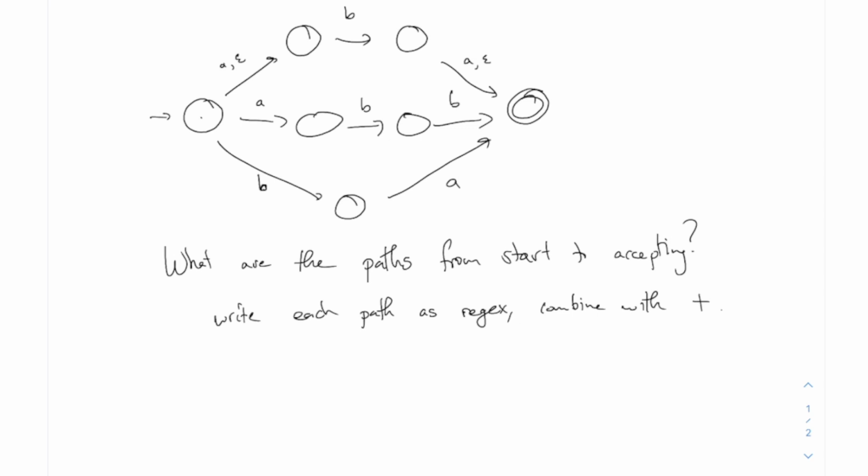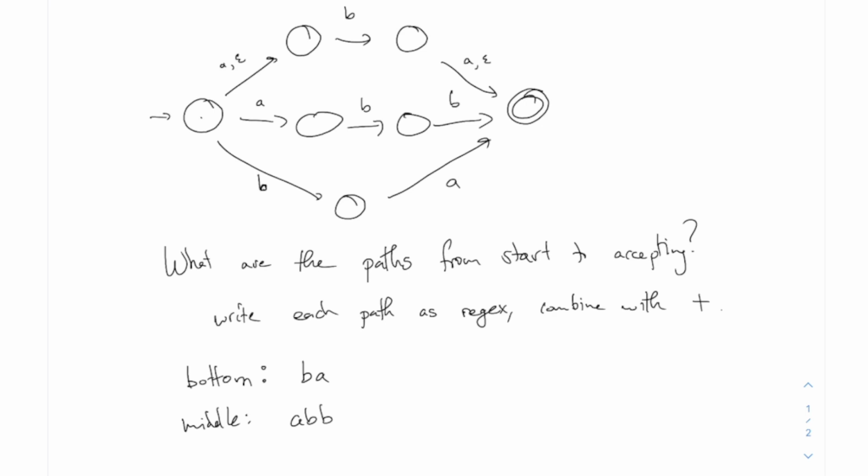All right? So, if I were to do each path individually, can anyone give me a regular expression which represents the path going around the bottom? This is not hard. BA, yeah. Excellent. Across the middle would be ABB, right? You gotta do A first, then B, then B.